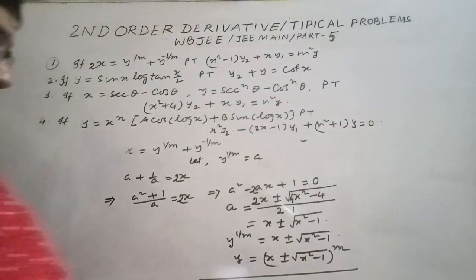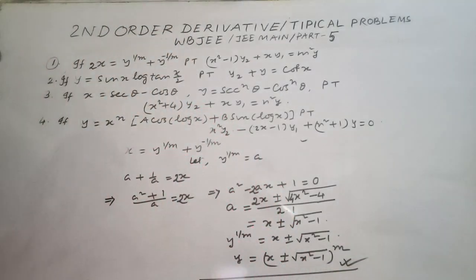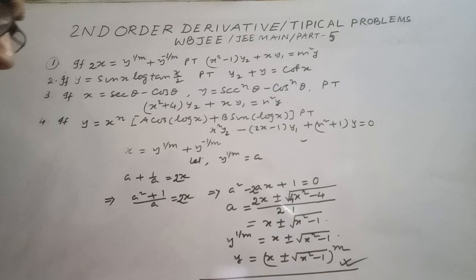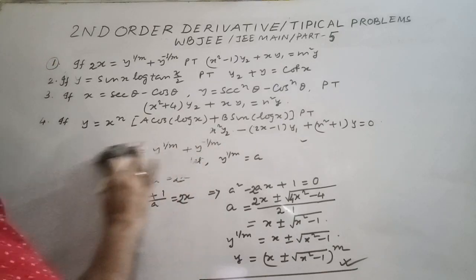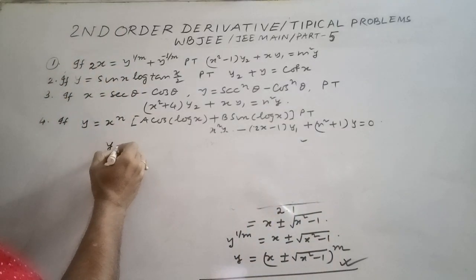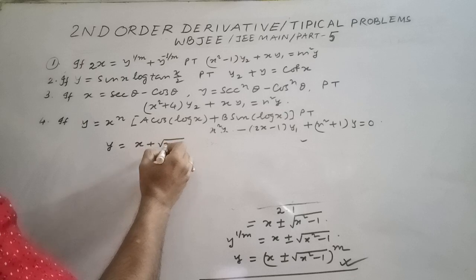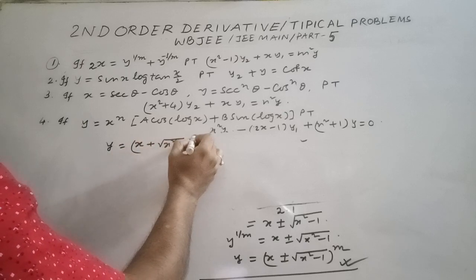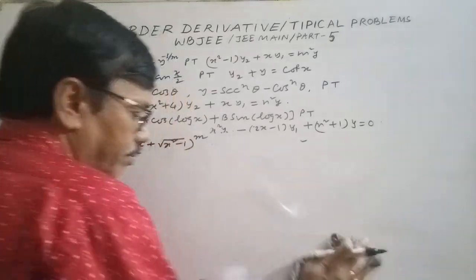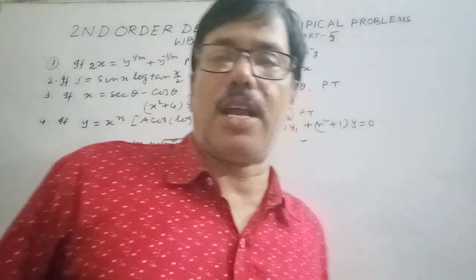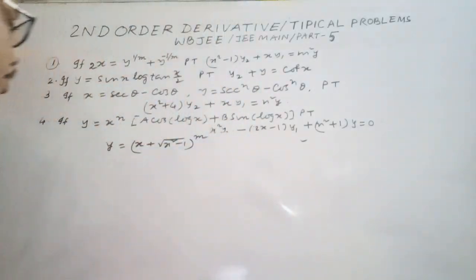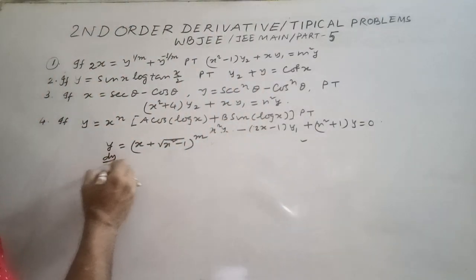Now you have already solved this type of problem. Its power is m. So look, y equals, if we take plus sign, (x plus root x square minus 1) whole to the power m. Then we take minus and we verify that we get the same answer in each case. So what is dy by dx?